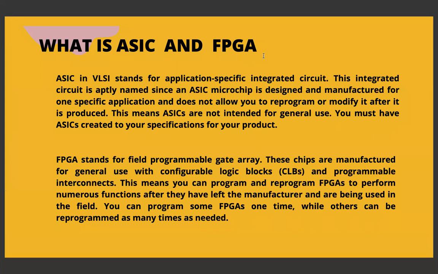ASIC is a chip that actually comes manufactured. Once it is designed, it's designed for sure. It is for a specific purpose, you just do it. Whereas a field programmable gate array is something where you can configure it differently each and every time. Though these are for testing purposes.